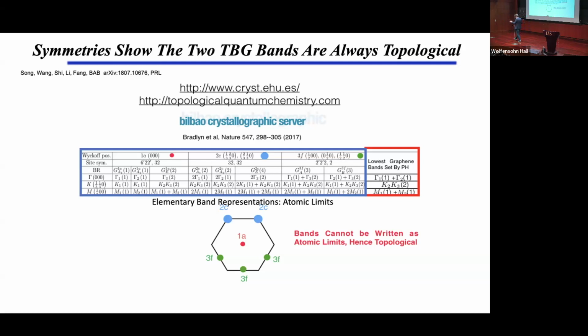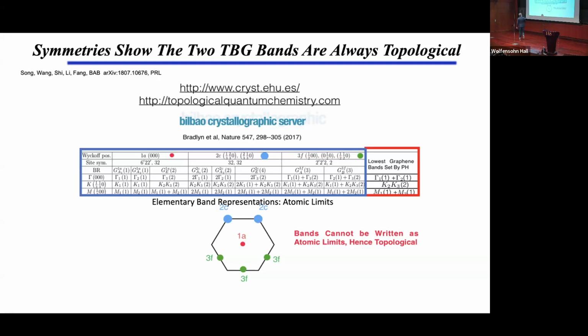It has what eigenvalues in the Brillouin zone bands that can be written down as atomic orbitals can give you. So bands that can be written down as atomic orbitals form a basis of atomic orbitals. And the Bilbao Crystallographic Server has these types of tables. These are representations of bands at the symmetry points.